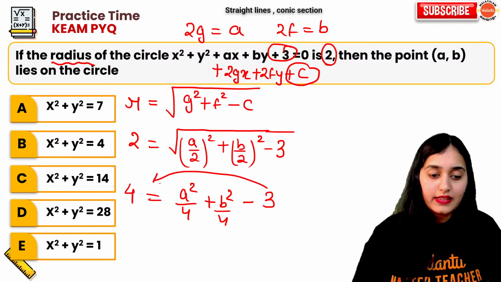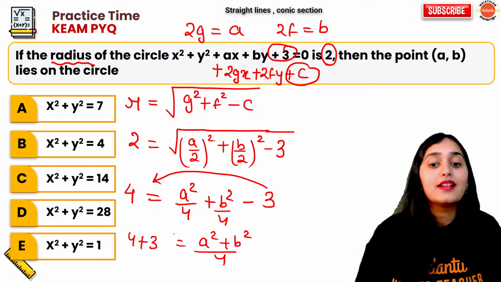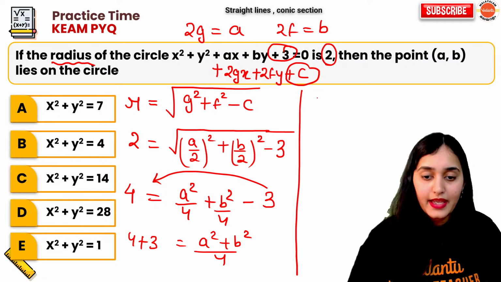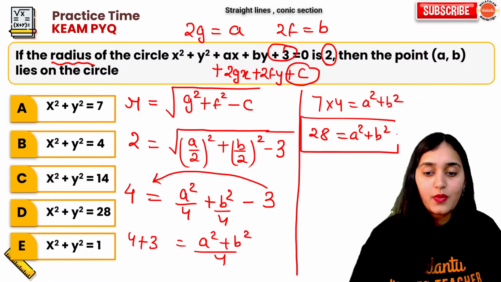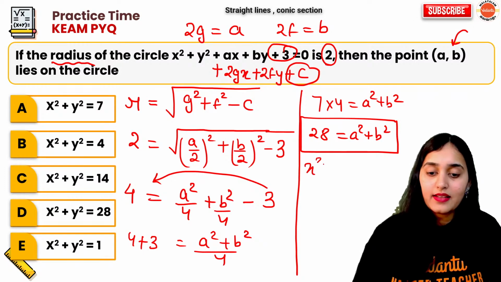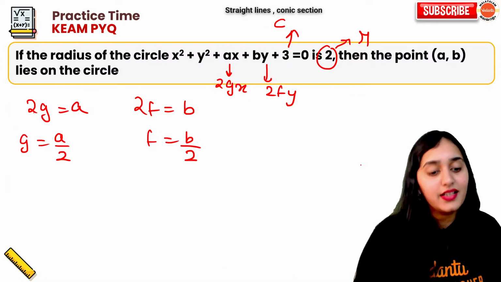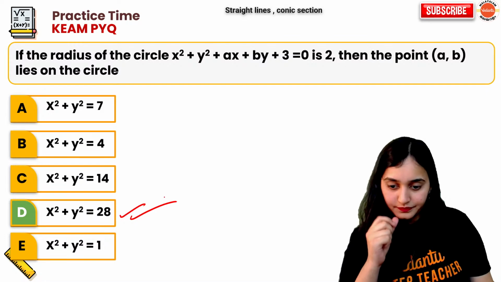Now 3 will go this side, 4 plus 3 is a square plus b square by 4. 4 plus 3 is 7. So we have 7 into 4 is a square plus b square. 7 fours are 28, a square plus b square. Now this is the equation of the circle whose point is (a, b). So this is basically x square plus y square is equal to 28. Which option? Option D. Got it? Option D will be the right answer.